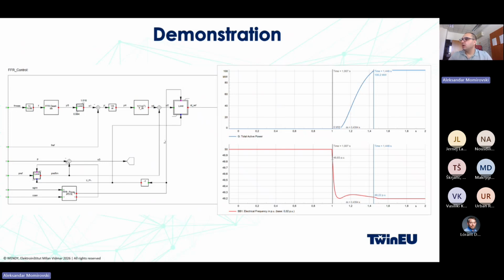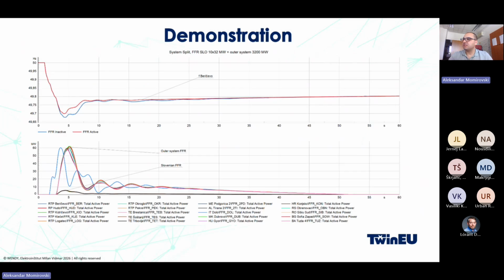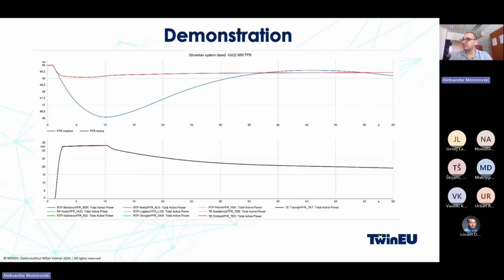But what we would really like to emphasize is that in the interconnected operation of the system, the impact of the FFR is quite minimal. But when we're dealing with some severe system splits, then the impact of FFR is quite beneficial.